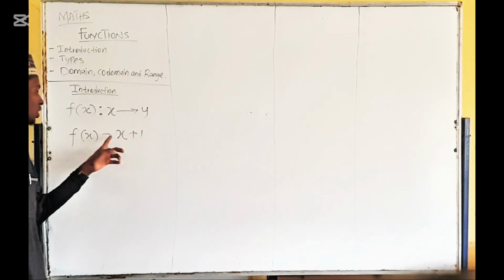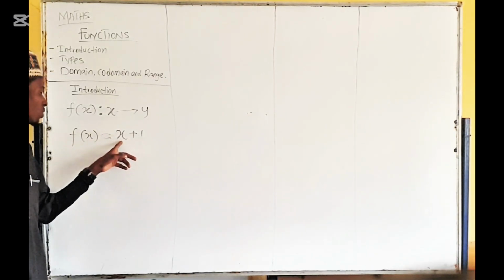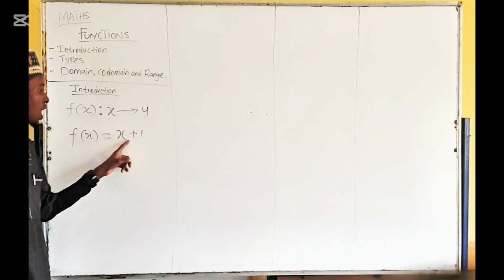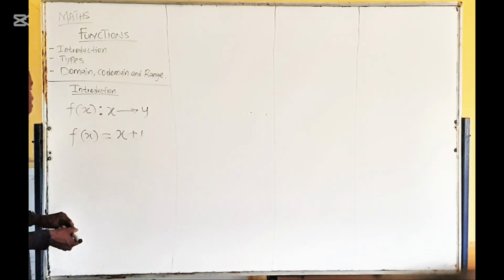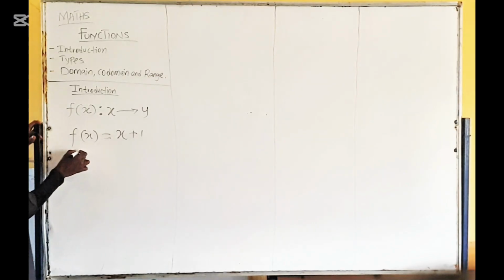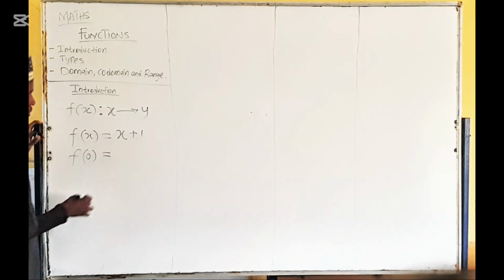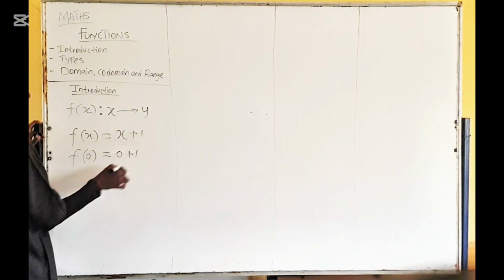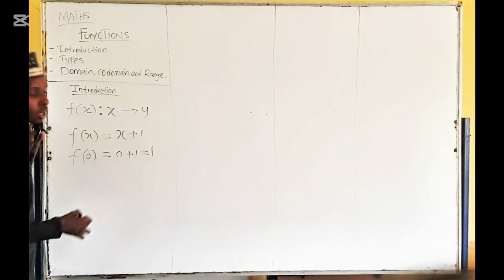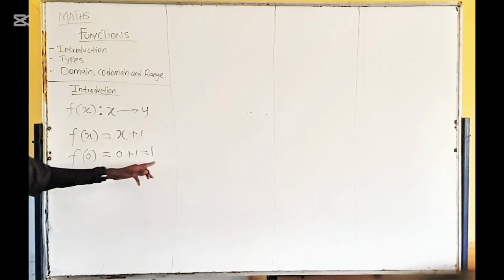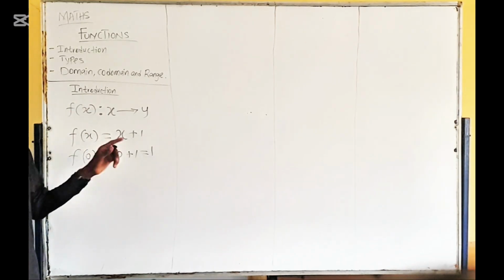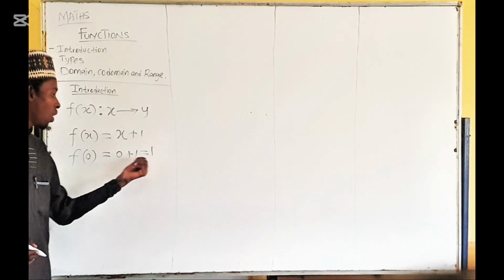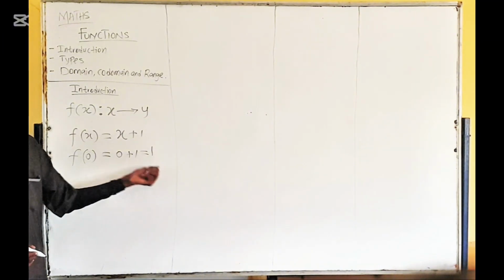The law is whatever is the input, you add 1 to it. Then it will become what? Your output. So if we try to input f of 0 in the function, what will happen as the result? It will be 0 plus 1, and it will be equals to 1, which means our output is 1. When we press 0, what will be marked in the output is 1. I hope you are getting what I'm saying.